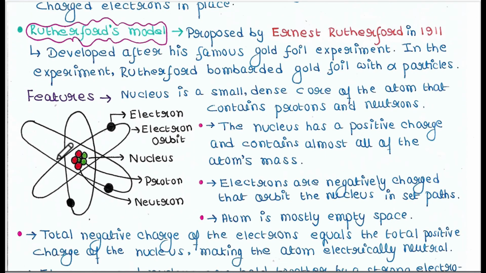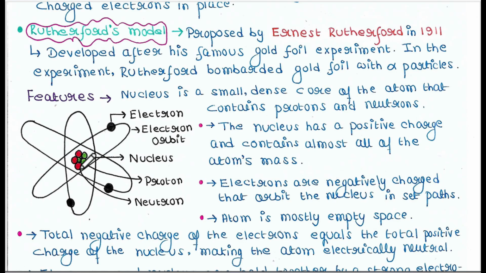So, the nucleus is a small, dense core of the atom that contains protons and neutrons. So, this model says about the nucleus, and the nucleus contains protons and neutrons.